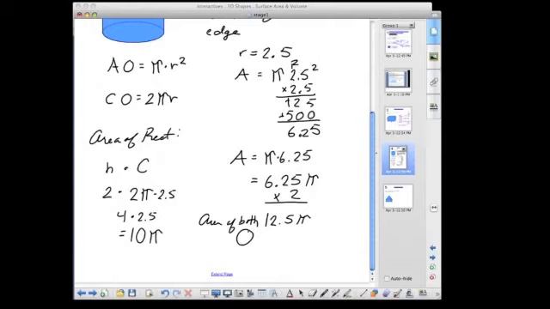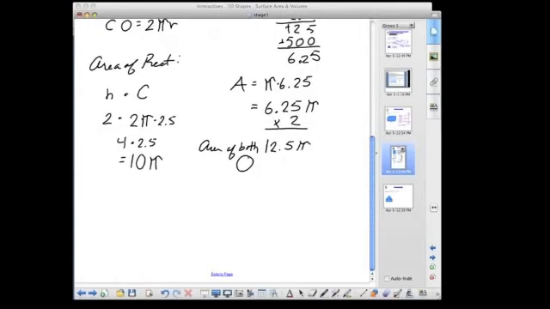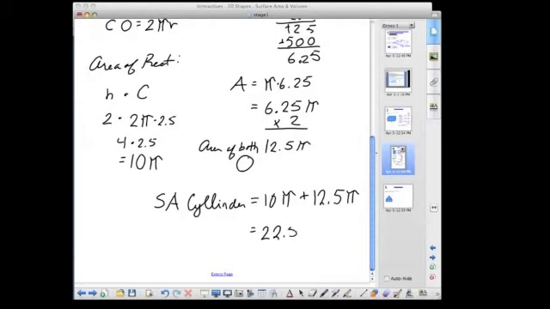If the area of my rectangle is equal to 10 pi and the area of both my circles is equal to 12.5 pi, the surface area of my cylinder is the combined area, 10 pi plus 12.5 pi, which gives me 22.5 pi.